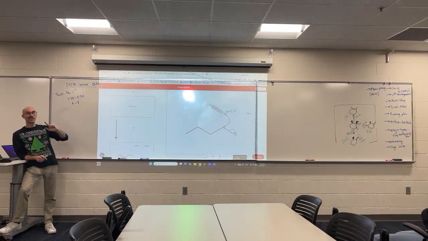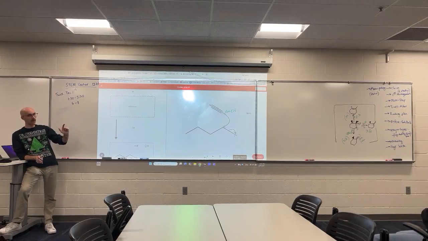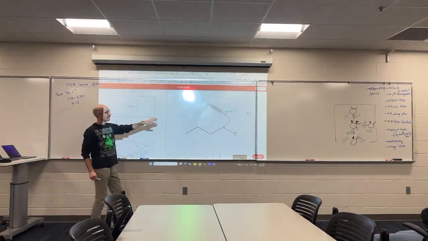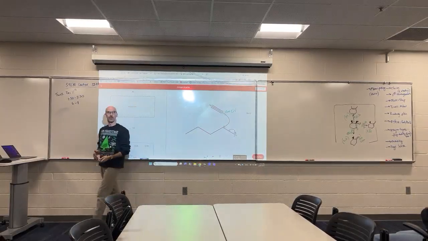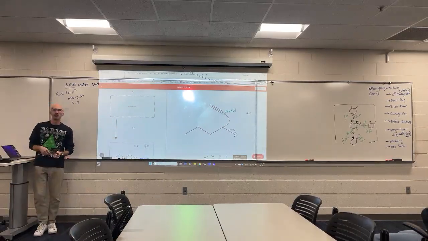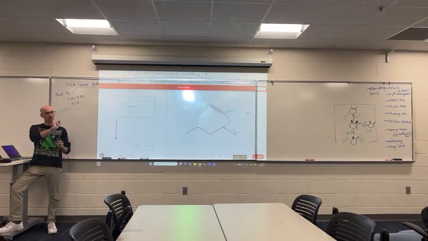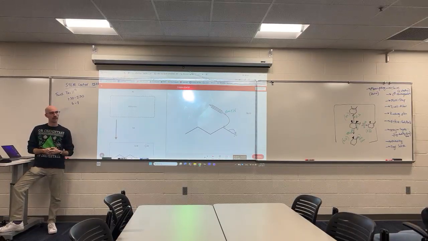Primary alkyl halides are not good at forming carbocations, so it's not going to want SN1. Plus, this is driving the attack. It wants to come in and bond. So it's forcing it to be second order. Both chemicals are involved in that rate determining step, SN2.